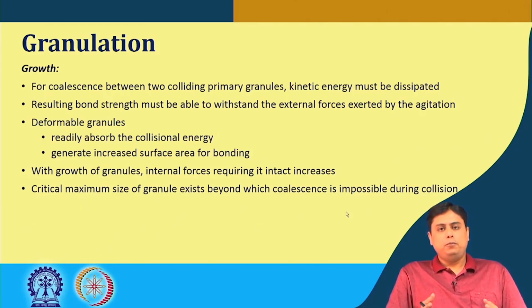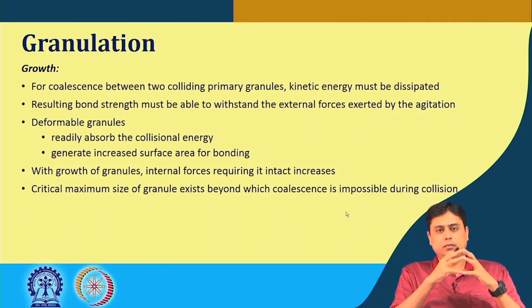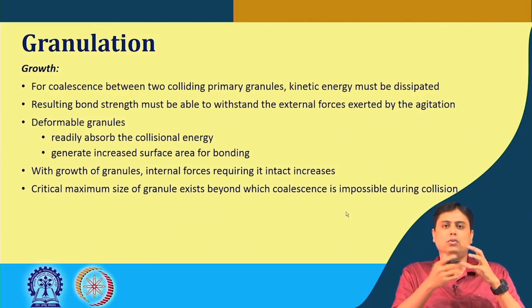So, two granules are colliding and coalescing. Now, it forms a bigger granule. This bigger one should be able to withstand the external force imparted by the agitation of the granulator. So, the bond strength should be sufficient.